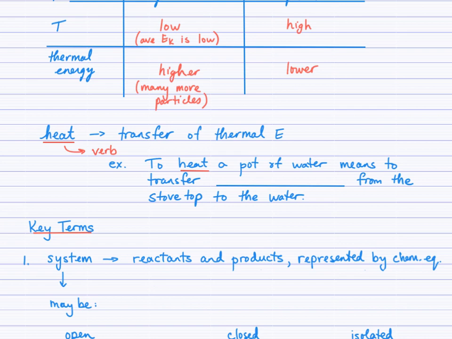So to heat a pot of water means to transfer thermal energy from the stovetop, the element or whatever it is, the blue flame of the gas stovetop or the electric element. So we're transferring thermal energy from the stovetop to the water. So when we say an object is heated, we're talking about thermal energy being transferred from the hotter substance to the colder one.